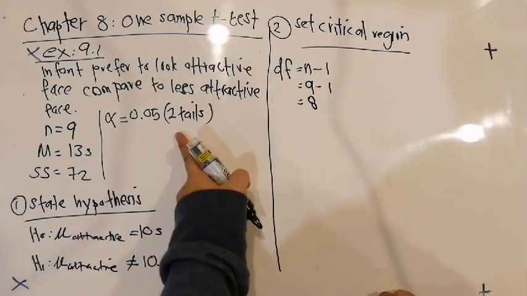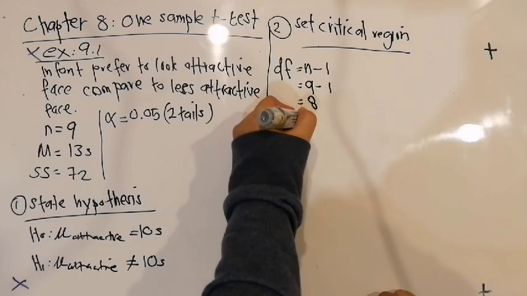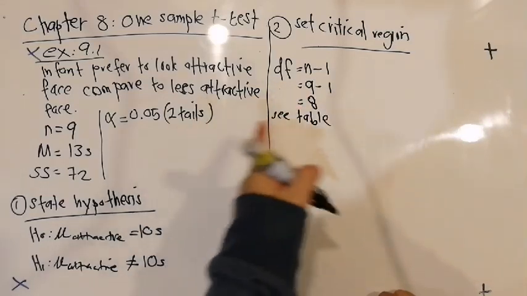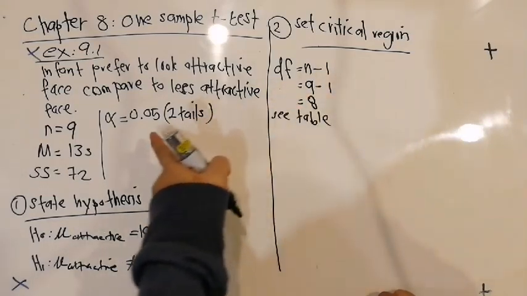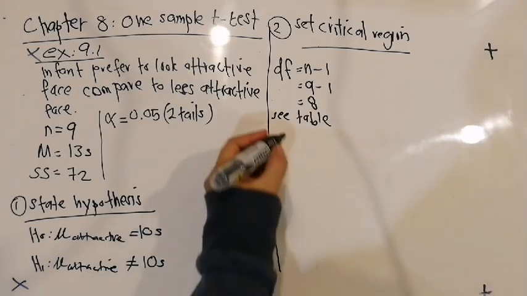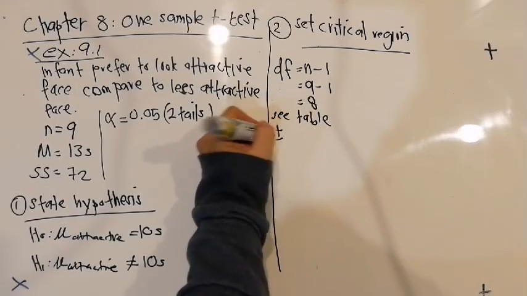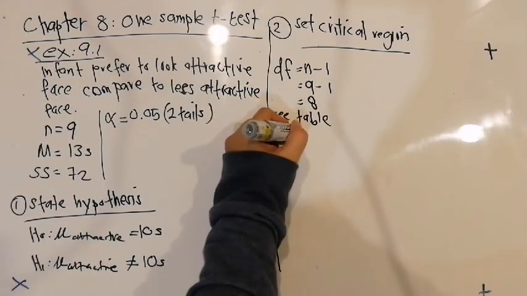So with 8, you have to go to the t table. You look for df 8 with 0.05 two tails. According to the answer here, it is 2.306. The answer is plus minus 2.306.